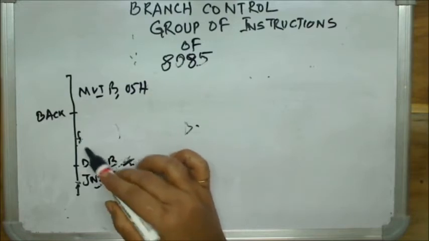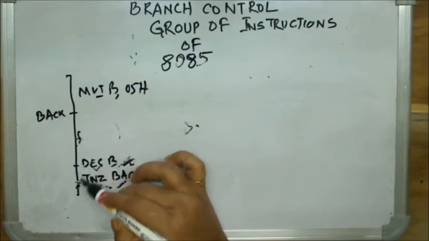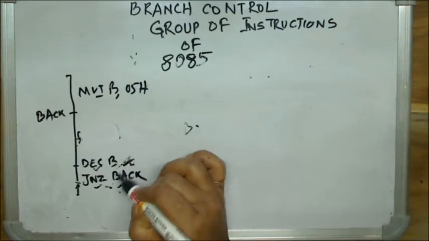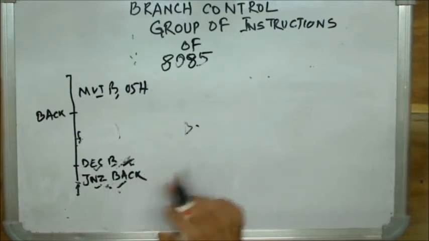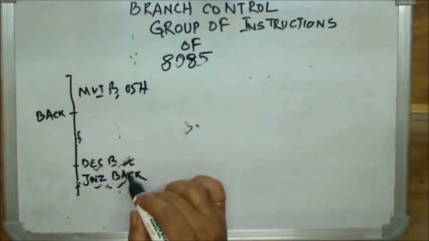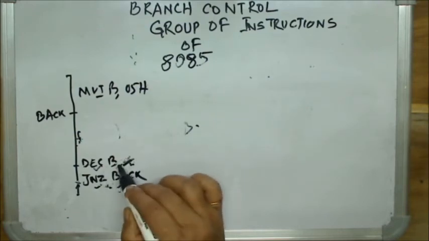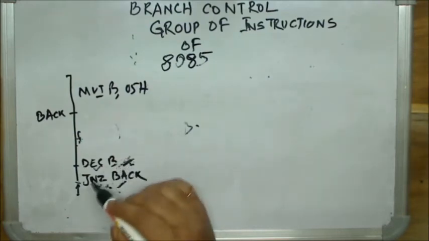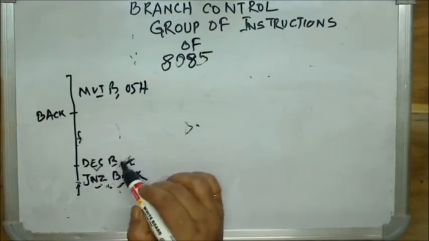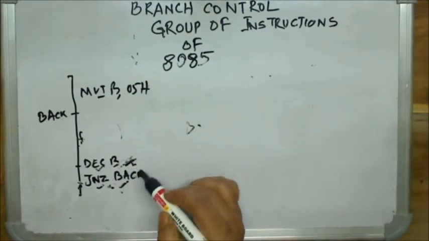So if you write any instruction in between DECB and JNZ which affects the zero flag, it will give you the result of that particular instruction. I hope it is clear.